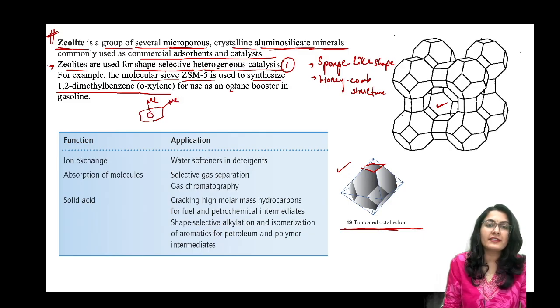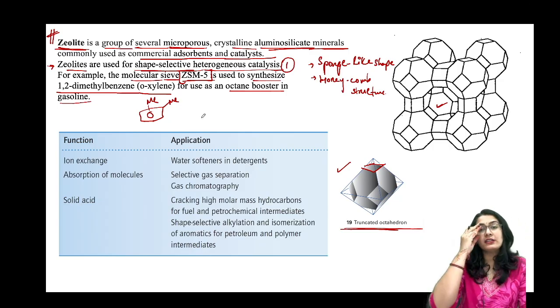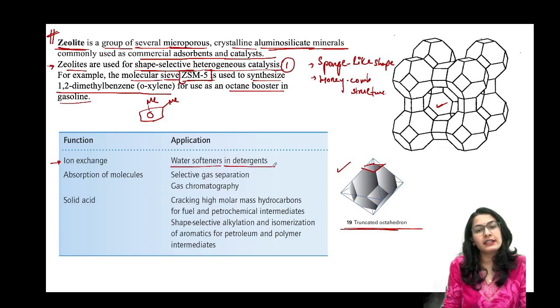for use as an octane booster in gasoline. This is a very important application. Particularly ZSM5 is used for the xylene production. Just remember this. Okay. Another use is as ion exchange, water softeners in detergents.